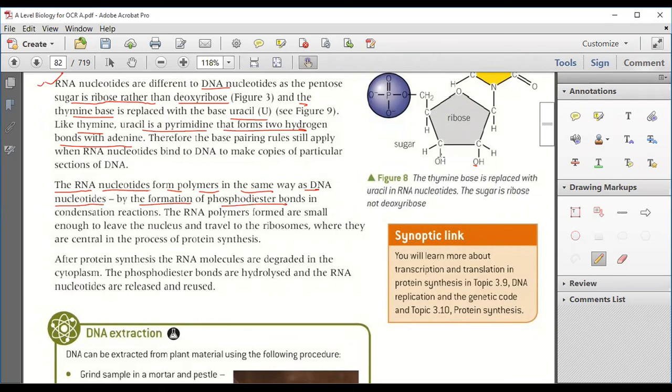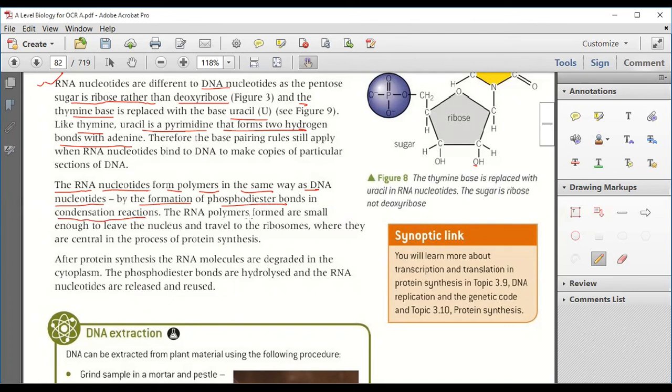Remember, the third carbon OH is attached to the fifth carbon phosphate group. That is the phosphodiester bond in the case of DNA. The same phosphodiester bond is there in the case of RNA. Clear? That is a condensation reaction.